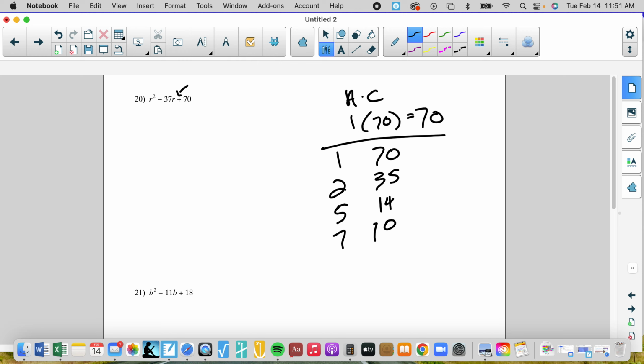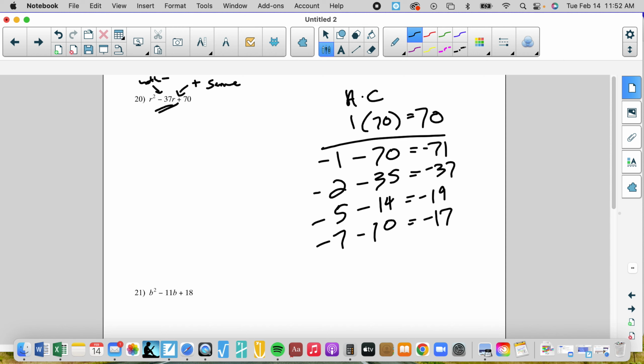So signs are the same. Since this is a positive, they need to be the same. And then we look here and they're both negative. Negative 71, negative 37, negative 19, negative 17.